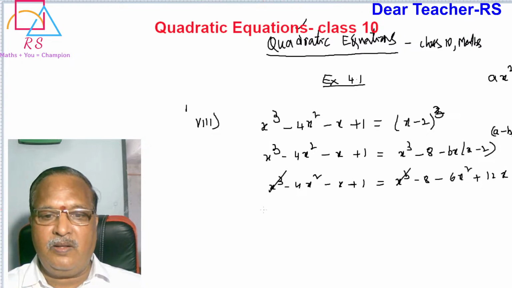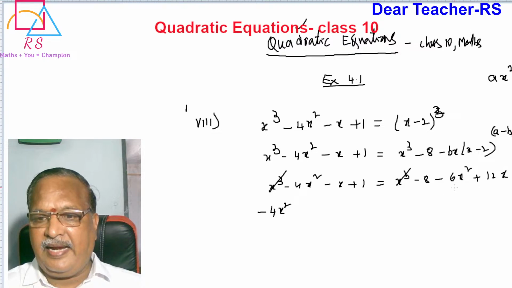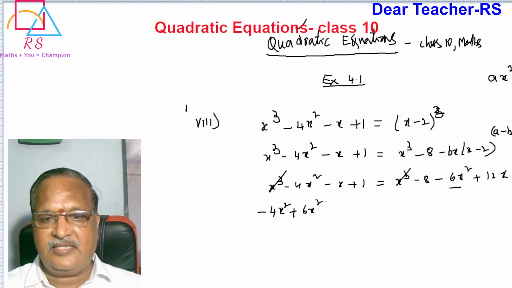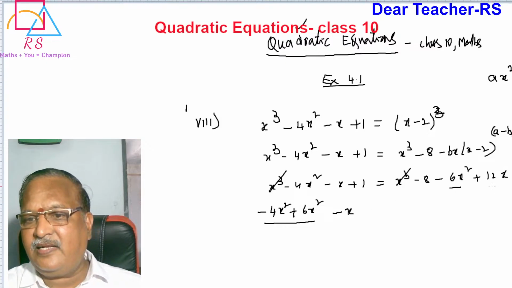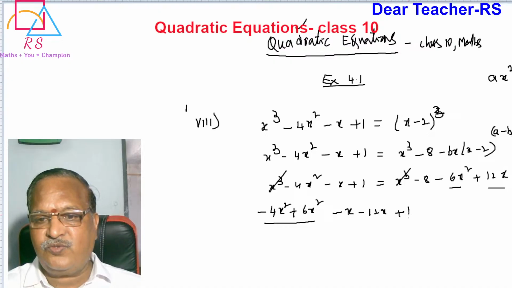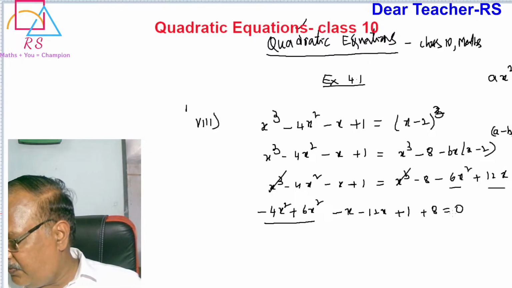So now bring all the x squares together: minus 4x square, right hand side minus 6x square is there. If it comes to the left hand side, it becomes plus 6x square. So the x square term is done. Then minus x, left hand side also 12x is there. If it comes to the left hand side, minus 12x and plus 1, and right hand side minus 8 is there, and it is plus 8 is equal to 0.